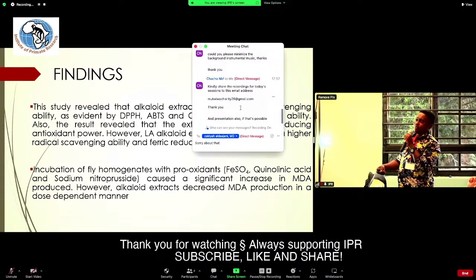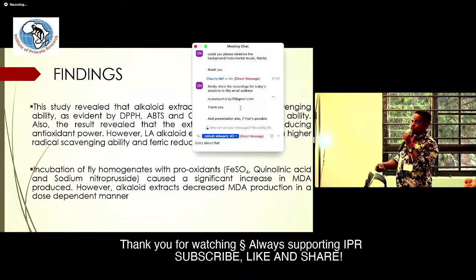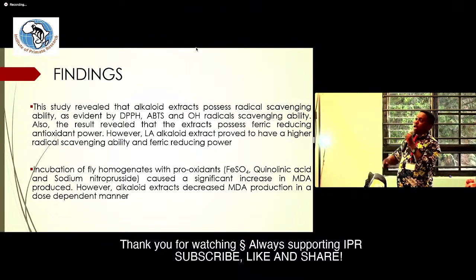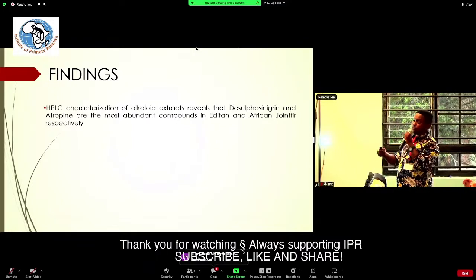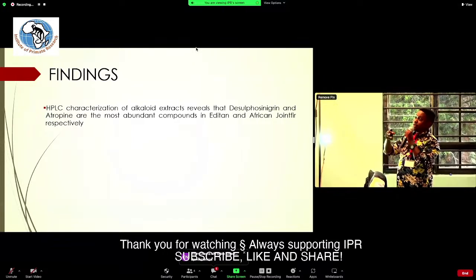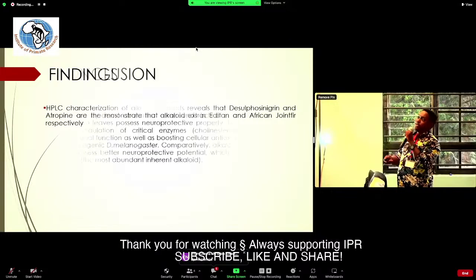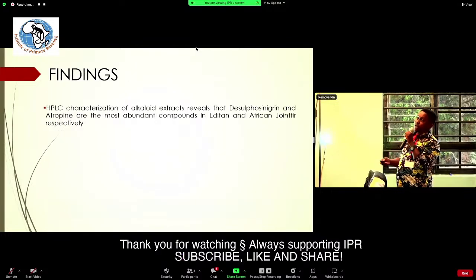The study also revealed that the alkaloid extract from this vegetable was able to ameliorate lipid peroxidation, and that we had desulfosinidrine and atropine as the most abundant compounds in editon and African jointfir, respectively.